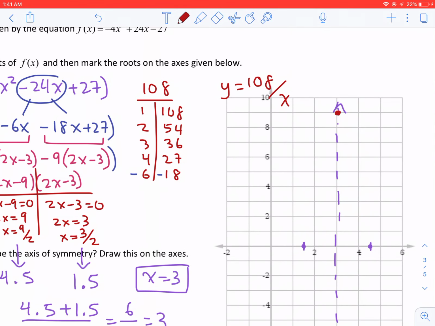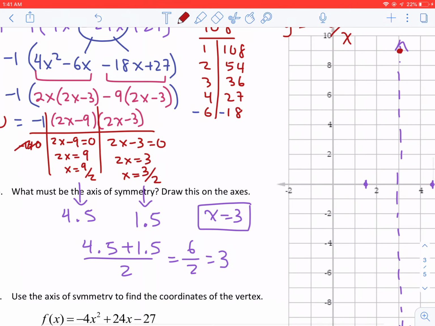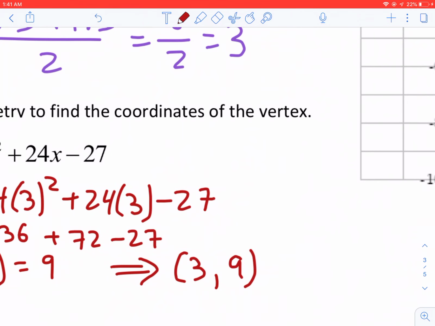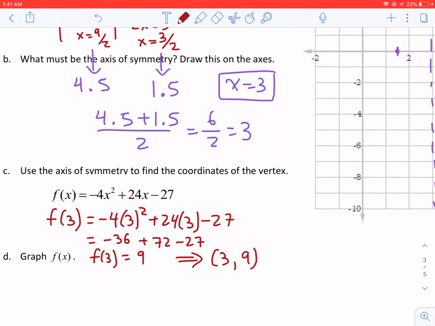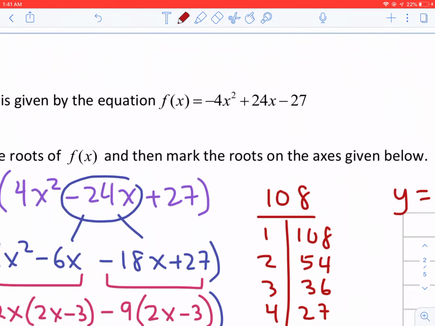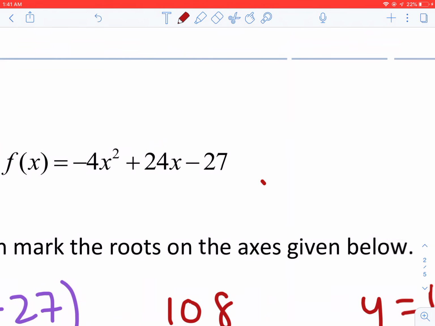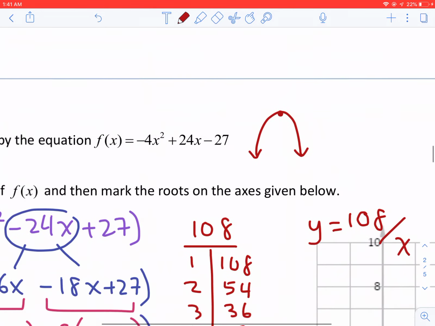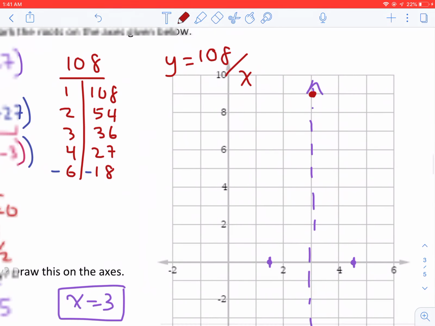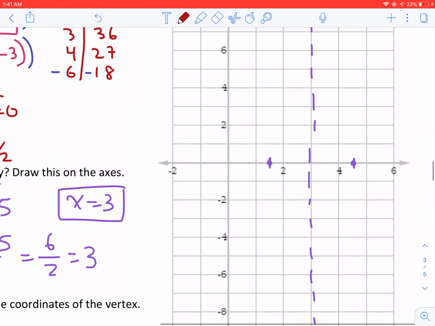The vertex is actually above the zeros, so I knew I made a mistake when I wrote -9, because if we look at our function, what's our leading coefficient? It's negative. So when that leading guy is negative, we know it's going to be a frowny face parabola, and we're going to have a maximum. So that's why the vertex is up there.